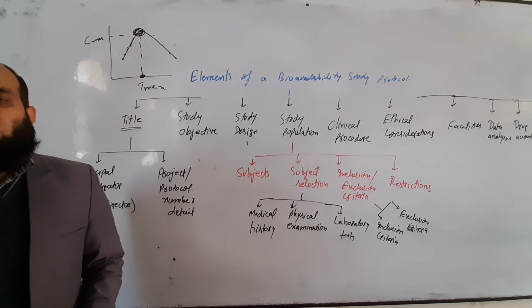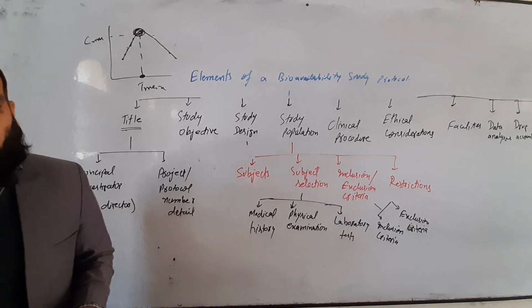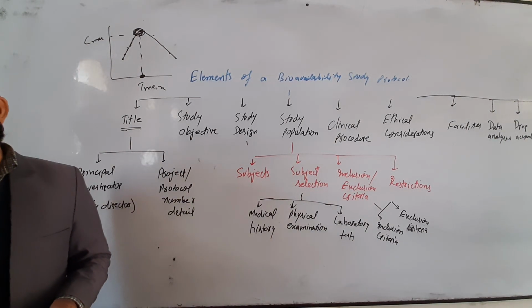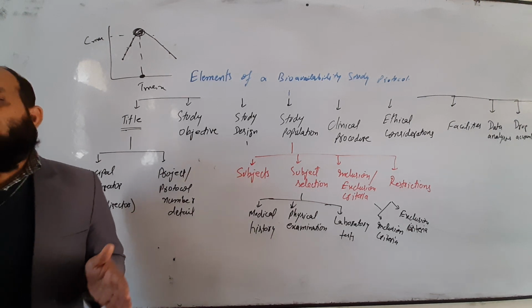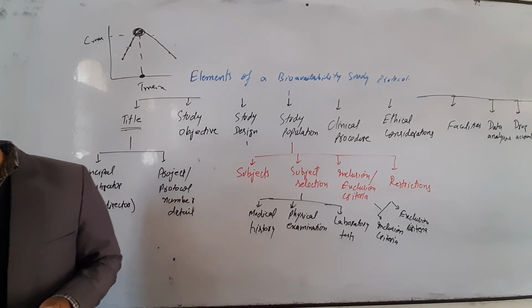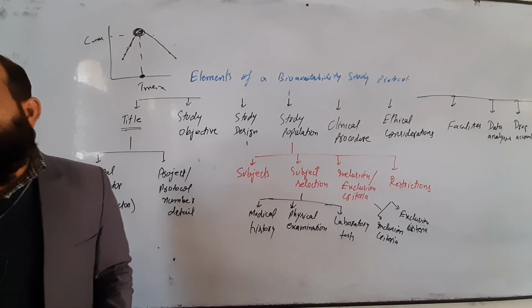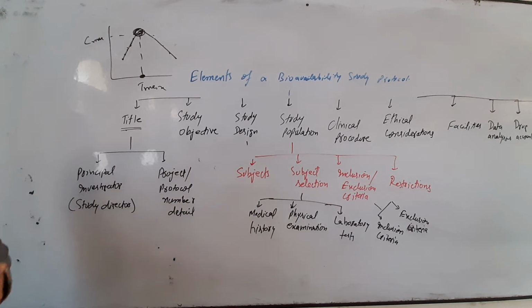What type of population are we using? We are using healthy volunteers for the sake of bioavailability studies. Why are we using the healthy? Because we are just comparing the test with the reference. For the sake of comparison, we should have an exact way of comparison, from where we can compare or where we have some idea.